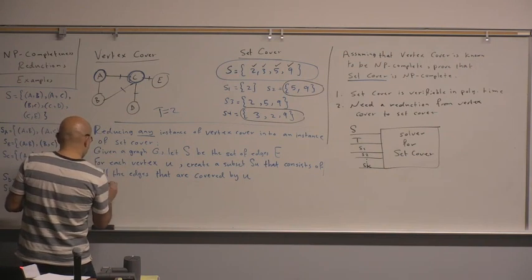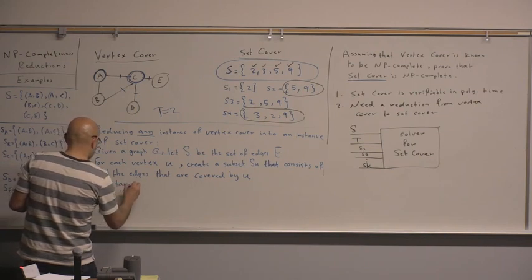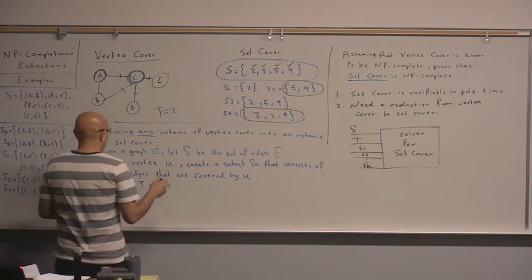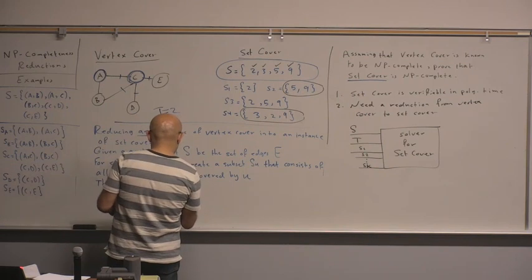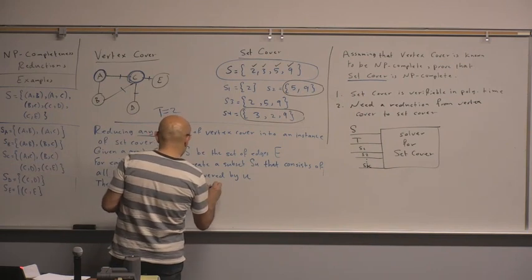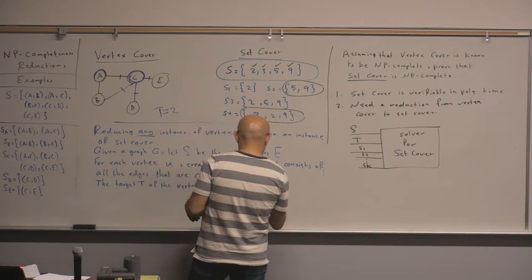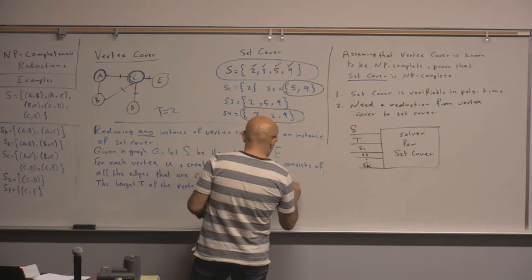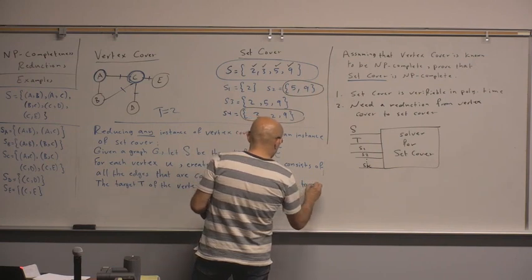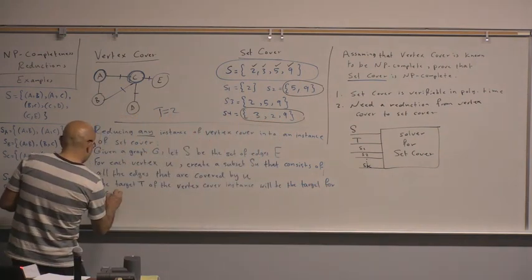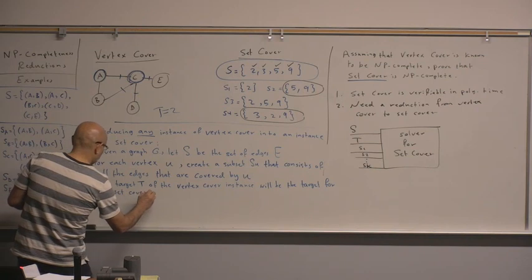Then the targets are the same. The target T of the vertex cover problem will be the target for the set cover instance.